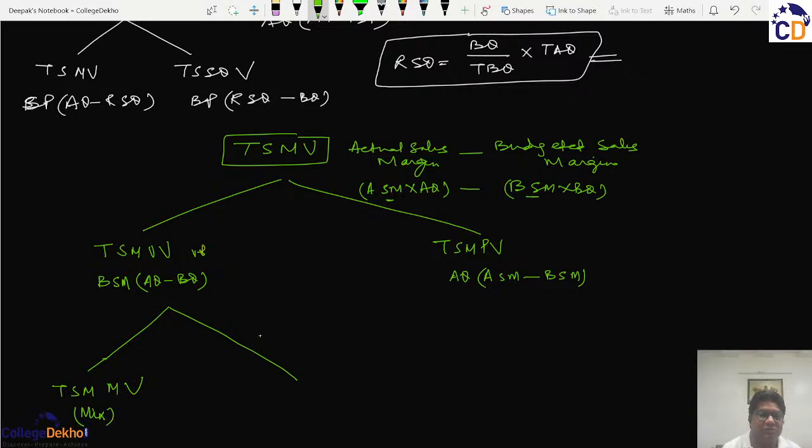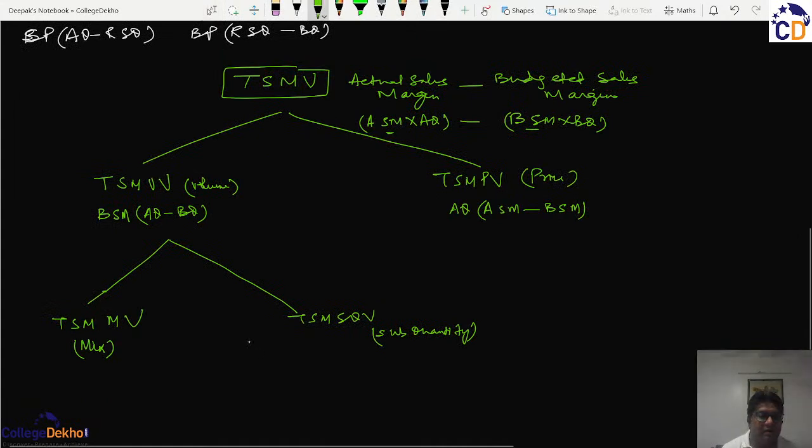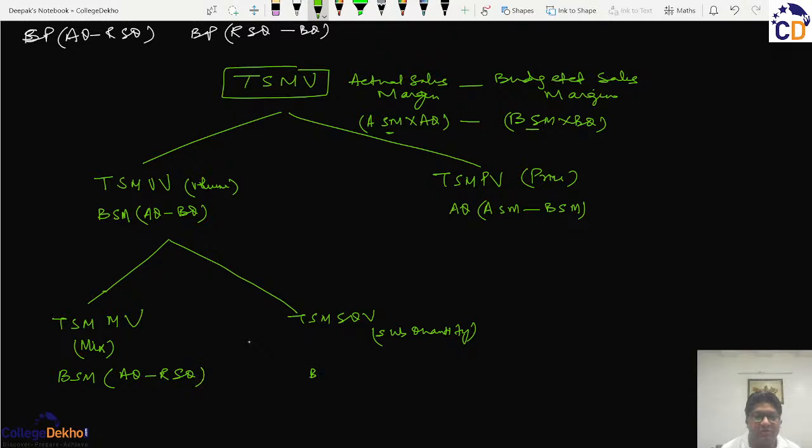This one was volume, this one was price. Then on the same lines, this will be budgeted sales margin multiplied by actual quantity minus revised standard quantity, and it will be the budgeted sales margin multiplied by the RSQ minus PQ.